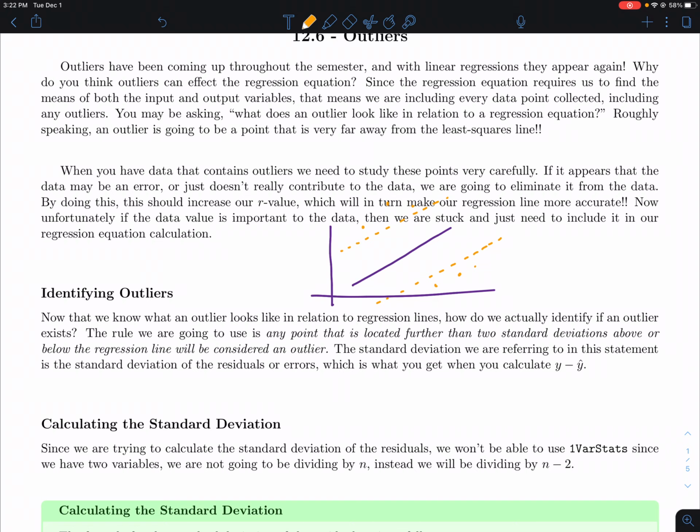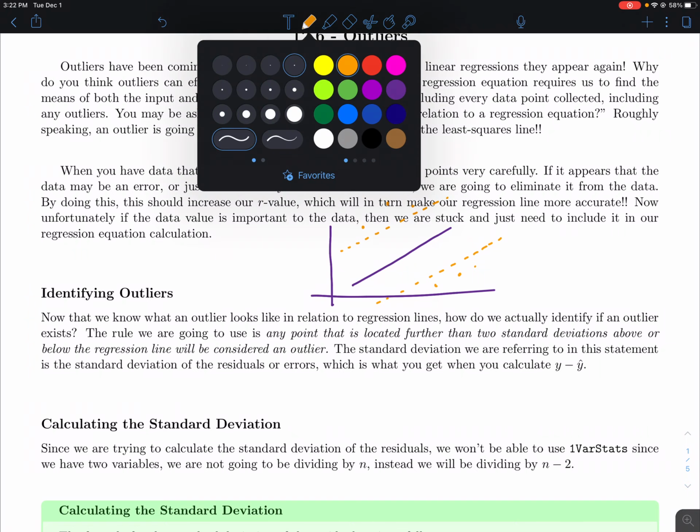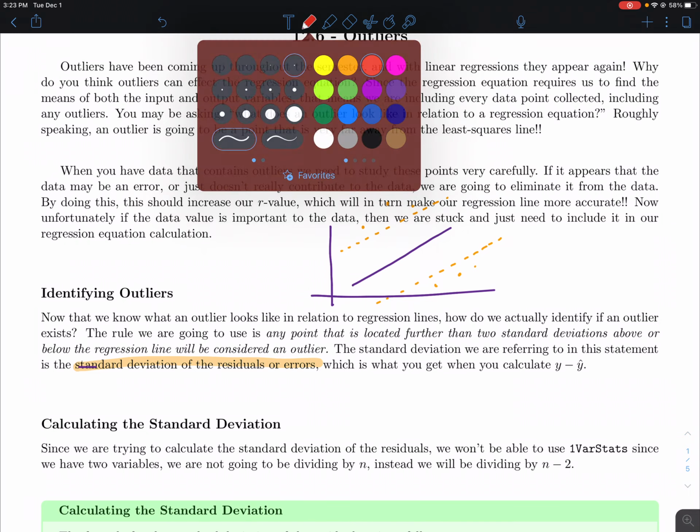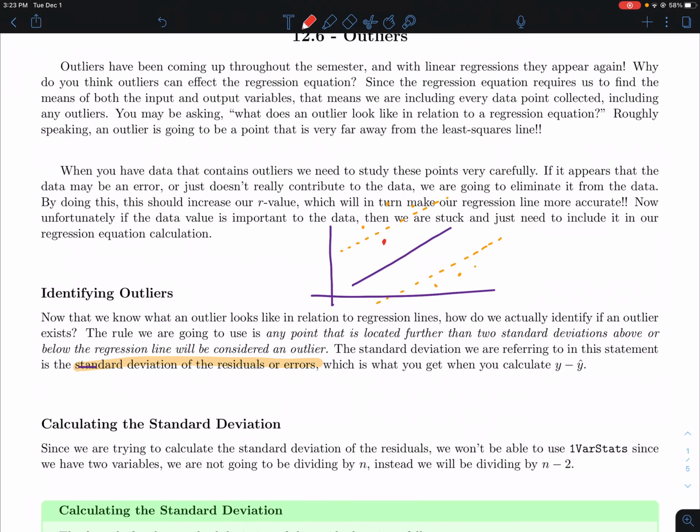So when we're trying to find the standard deviation, this isn't a standard deviation like we've been looking at before. We're actually trying to find the standard deviation of what's called the residuals, or the errors. If you remember from our picture, I'm trying to sketch it here. These are going to be those red lines. These points are our actual data points, and the regression line is what they form.